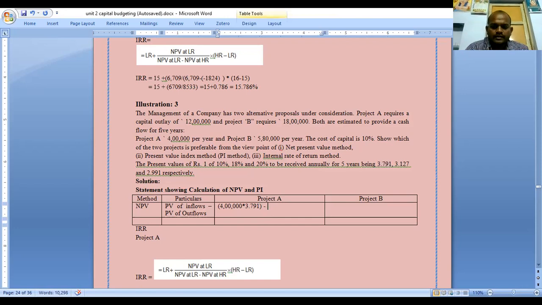Outflows are 12 lakhs. I am using the word present value of outflows because today we are investing 12 lakhs. In the sense, present value factor for 0 year is 1. So if you multiply 12 lakh with 1, it comes the same value.